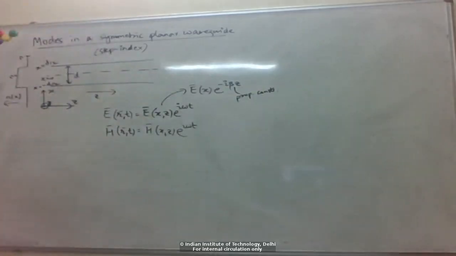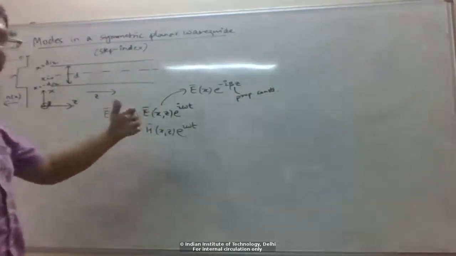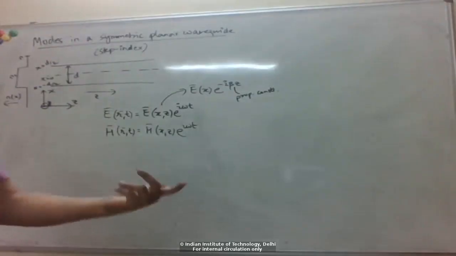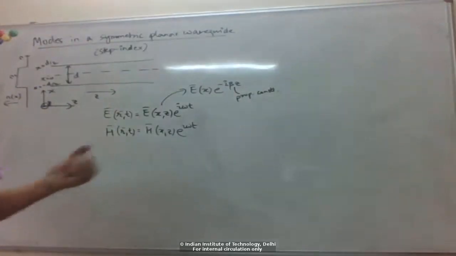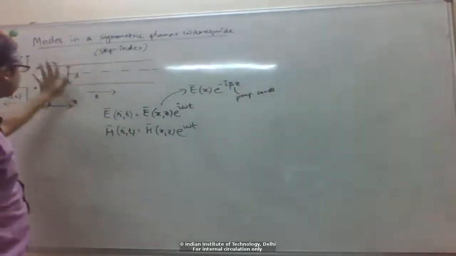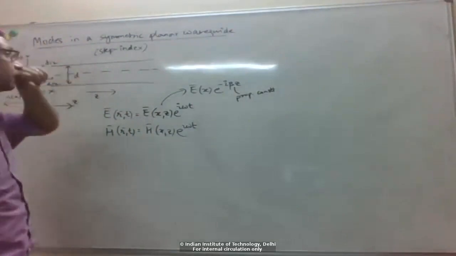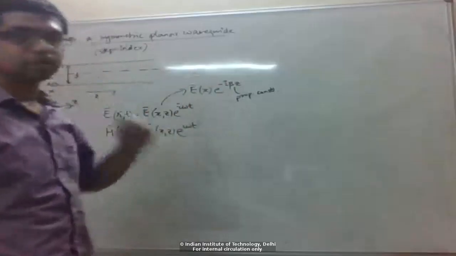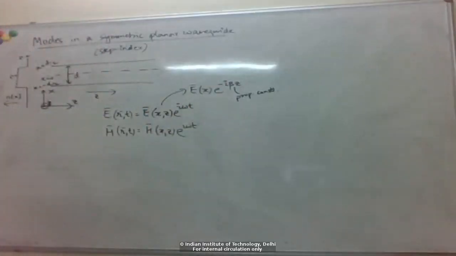In free space, or in a homogeneous medium, it just depends on frequency and the refractive index: k is omega over c times n. Here, because the refractive index is not constant, you can't just write k like that. So we'll see how this beta depends on the structure.